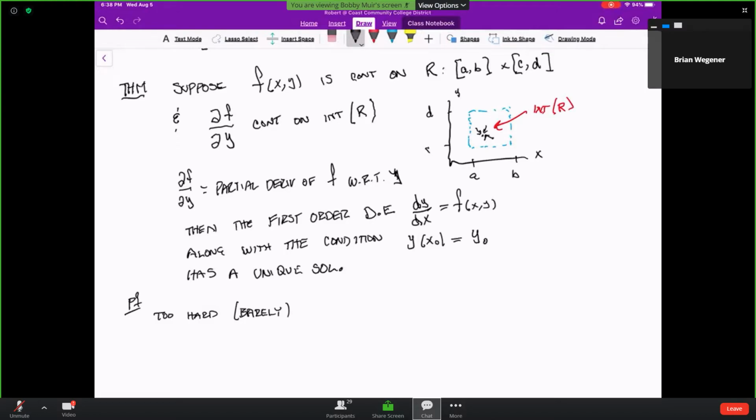What happens is he takes the differential equation and converts the problem into finding the limit of a sequence of functions. Now, we just got done talking about sequences of numbers.